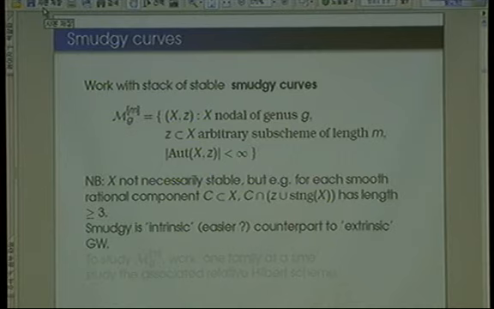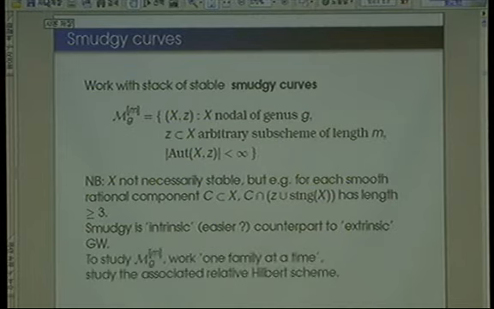Okay, so this smudgy approach you might consider some kind of intrinsic counterpart, or analog in some sense, of the extrinsic Gromov-Witten theory. Because you're working inside the curve, you might expect that this object is easier to understand than trying to map this curve into something else.